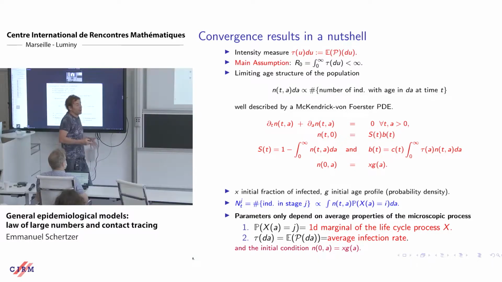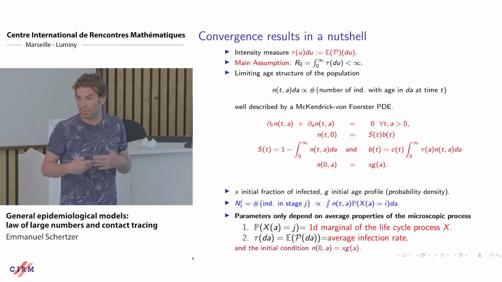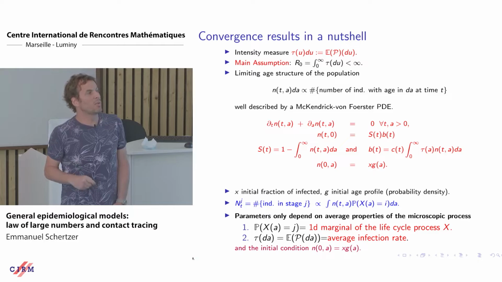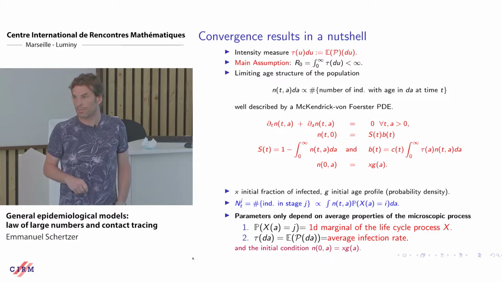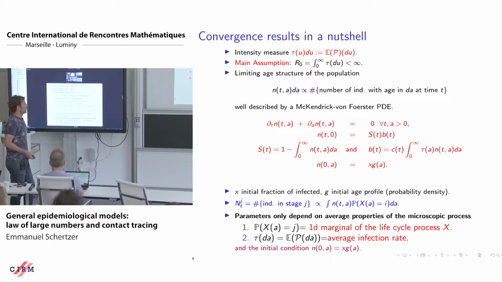What is nice is that all the correlation vanishes at the limit, and the only dependence you have at the end is on this intensity measure. You don't need any more details about the infection measure than this first moment and the one-dimensional marginal of the life cycle process, and that's it. So there is a lot of simplification when you go to the limit.